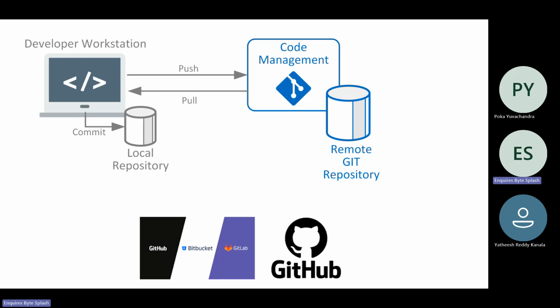So in order to store that as a remote repository, we need to buy software like Bitbucket, which is software by Atlassian: Atlassian Jira, Atlassian Bamboo, Atlassian Bitbucket. GitLab is a company providing software with pricing per member for a company, which is more secure. And we have GitHub.